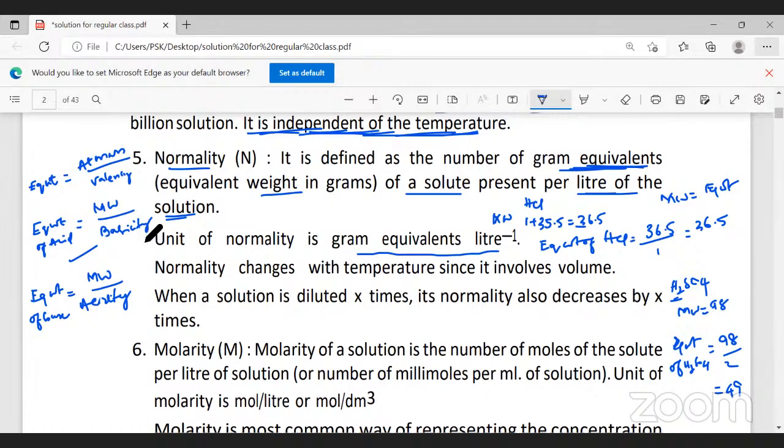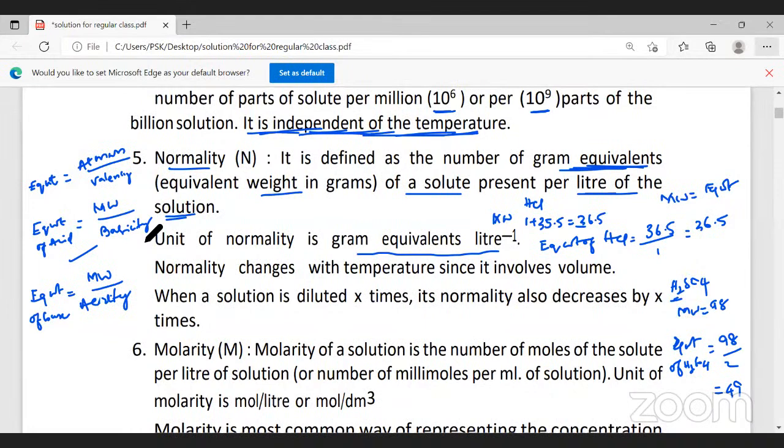My question is very simple. Think and answer me the question. If I take 36.5 grams, this is wrong, but for illustration, I'm giving you. If you take 36.5 grams of HCl in 1 liter of water, what will be the normality of HCl?